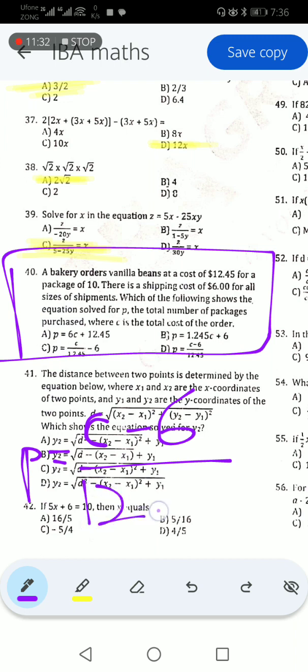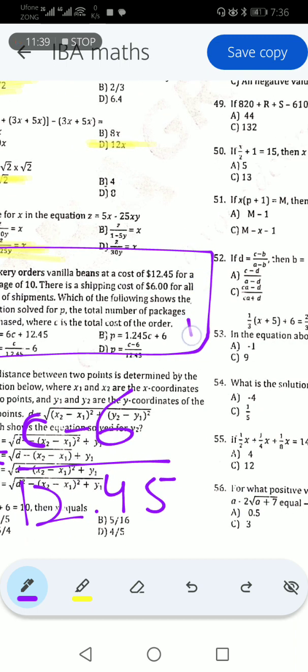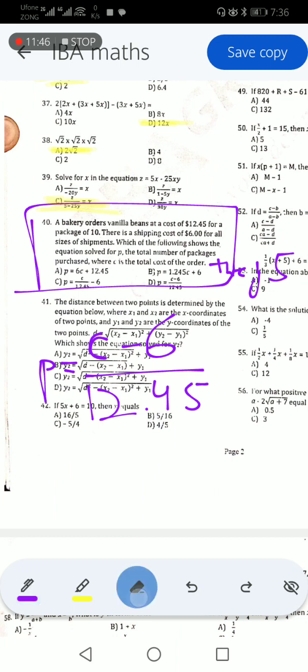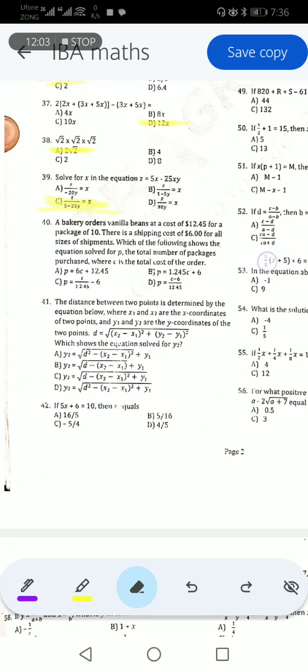So that will be 12.45. If another external data is given, that they have ordered 5 vanilla beans, we're going to place that. This will be the equation if external data is given. But here the value of the vanilla beans is given, so we're going to put the value. And our answer is C. So the correct option is C.